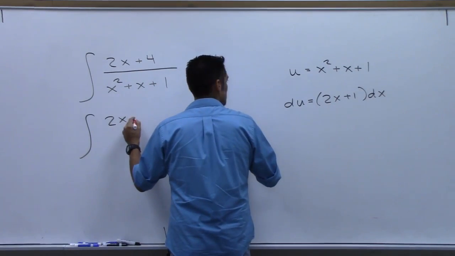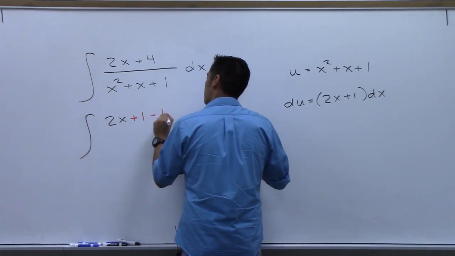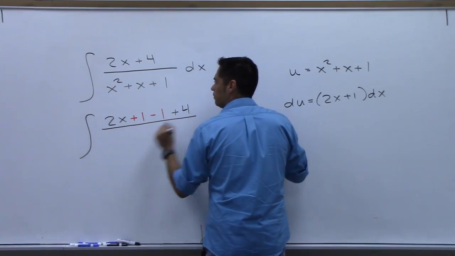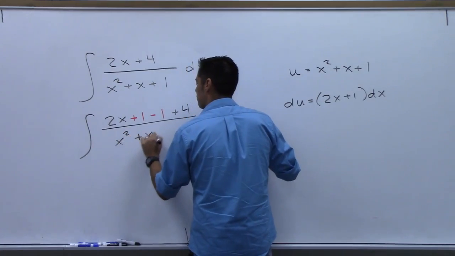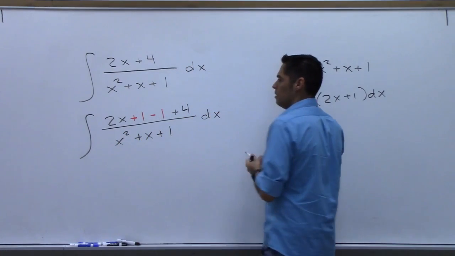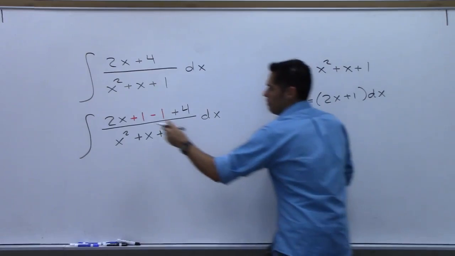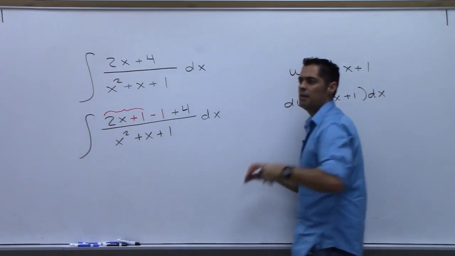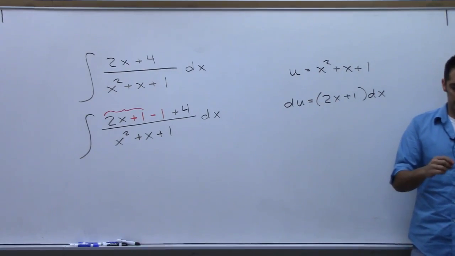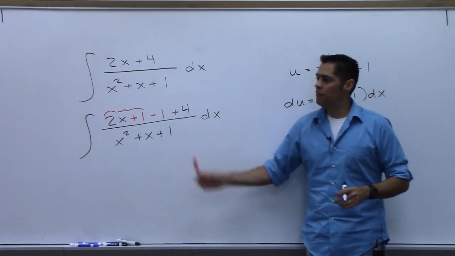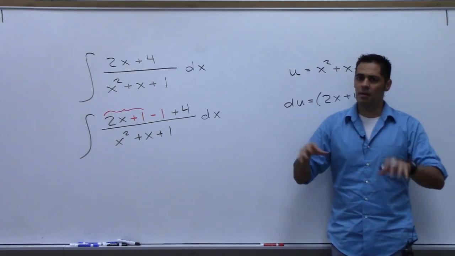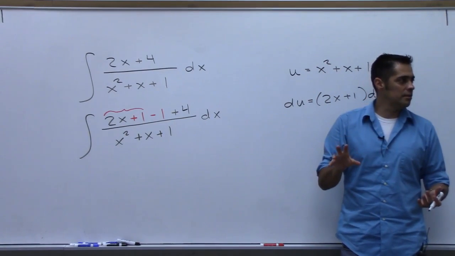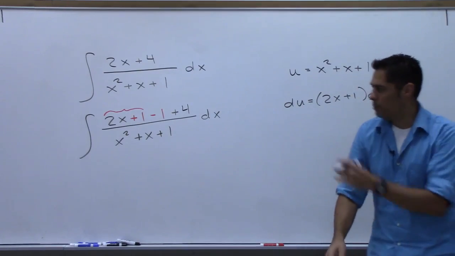So I can stop? Plus 1 minus 1, and then we still had plus 4 over x squared plus x plus 1 dx, like that. If I put these two on top of this, then I have U sub. If I put minus 1 plus 4 on the other one and split it apart, then I'll have an integral with just a constant over an irreducible quadratic, which I would complete the square on.